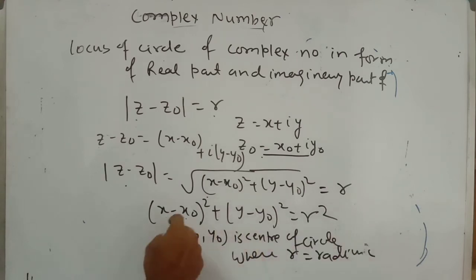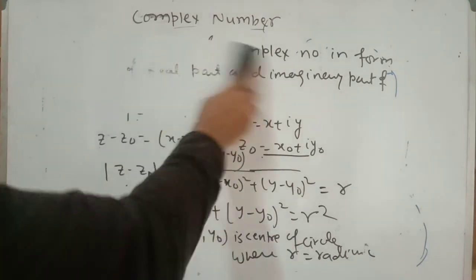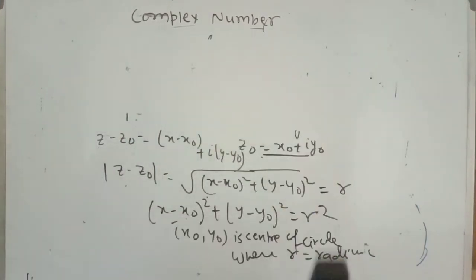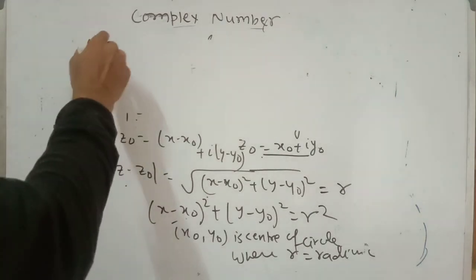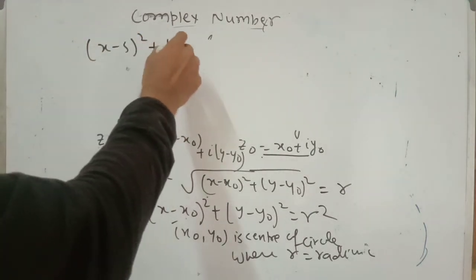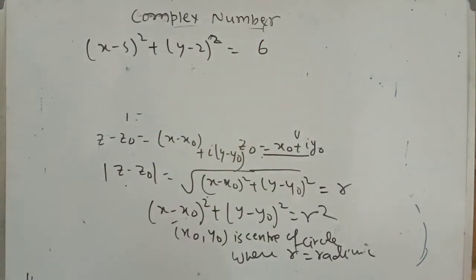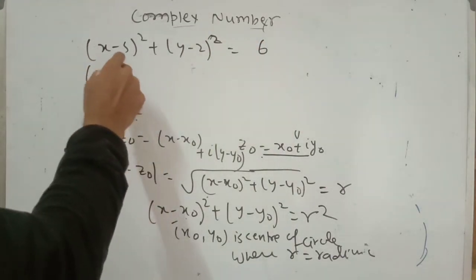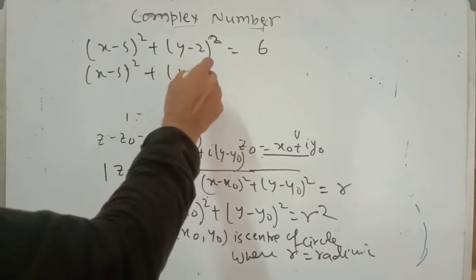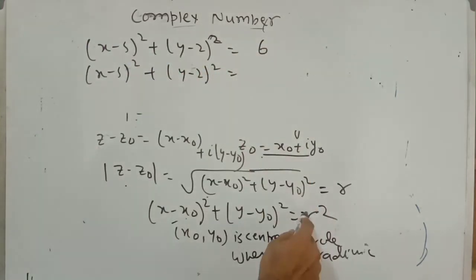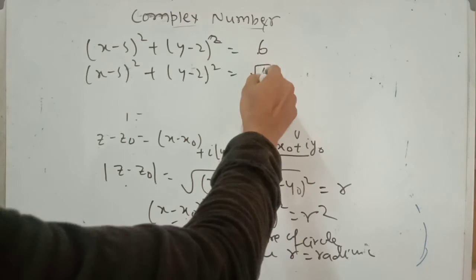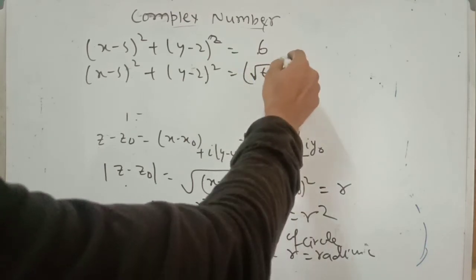So it will give an equation in terms of this. Let me take an example. Let (x minus 5) whole square plus (y minus 2) whole square equal to 6. That means r square is root 6 whole square.